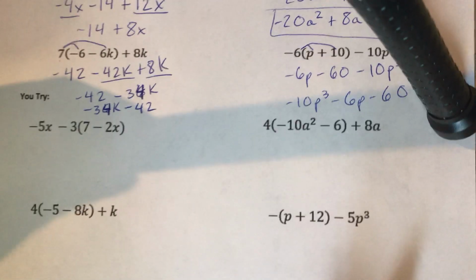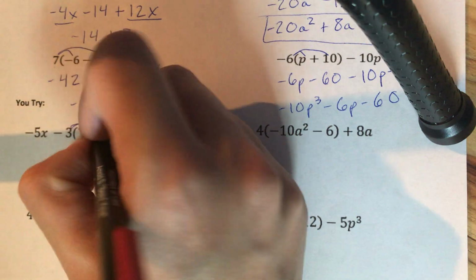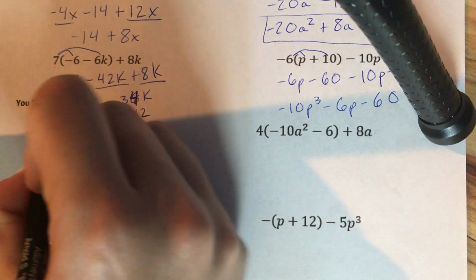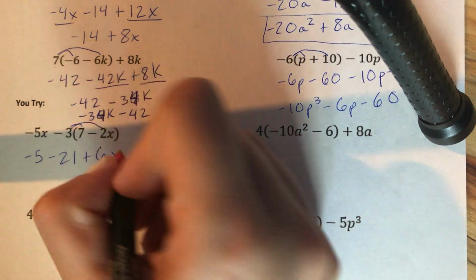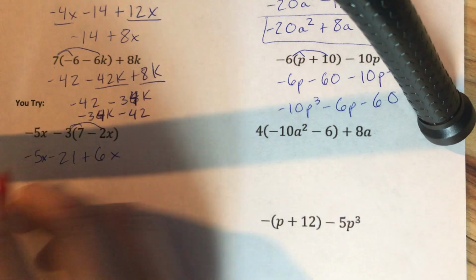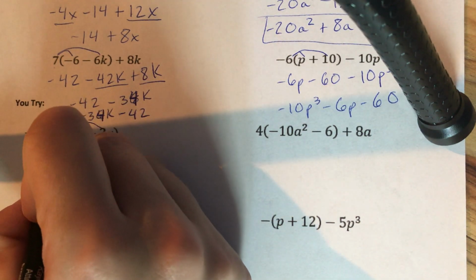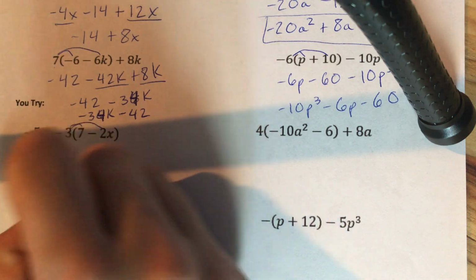All right, so we're going to go over these 4. Go ahead and just check your answers with me. So I'm going to distribute negative 5 minus 21 plus 6x. Okay, I'm going to combine, I forgot my x here. I'm going to combine like terms, so we get negative 21 plus x, or x minus 21.